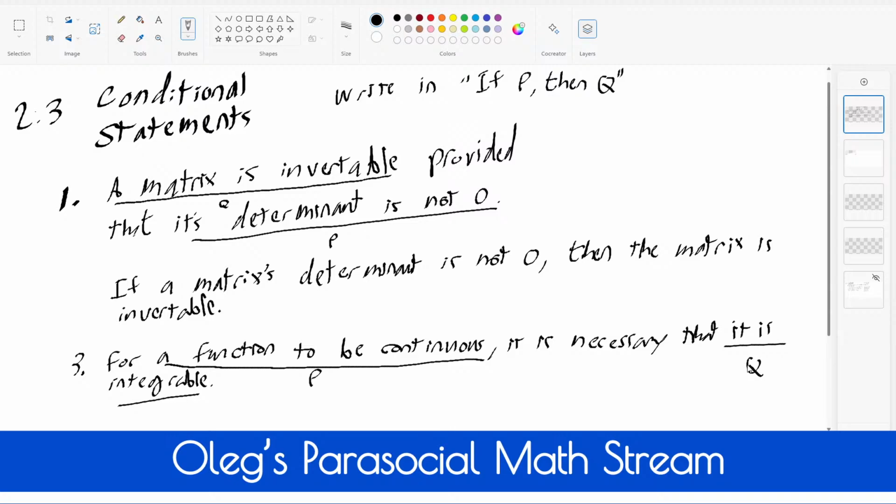Let's see here. For a function to be continuous, let's try to write this as P and Q. P implies Q. If a function is continuous, then it is integratable. If a function is integratable, then it is continuous.